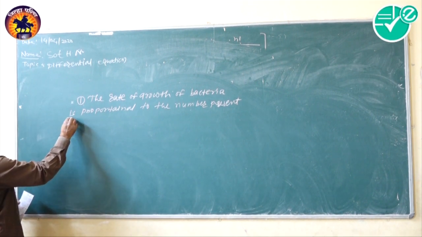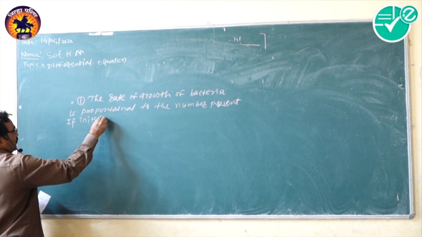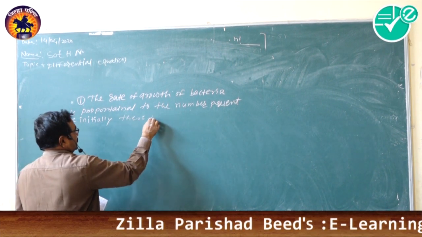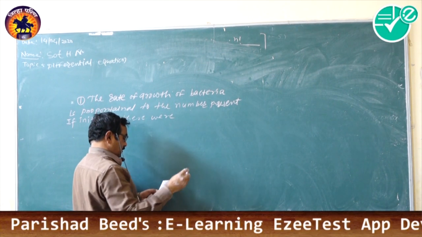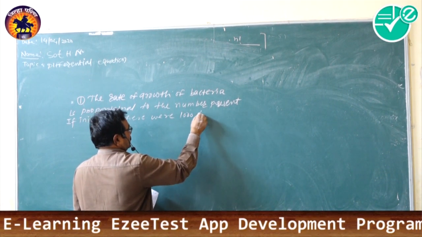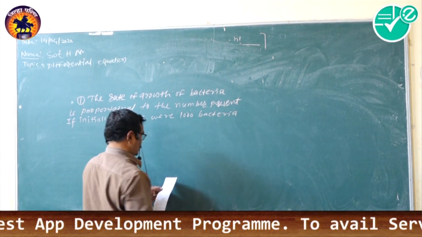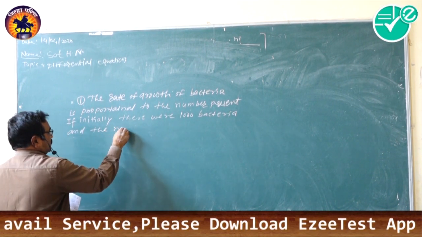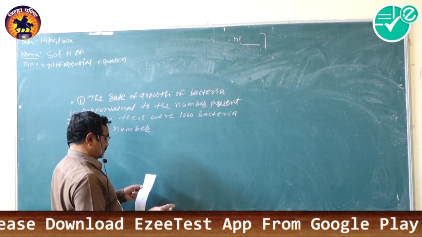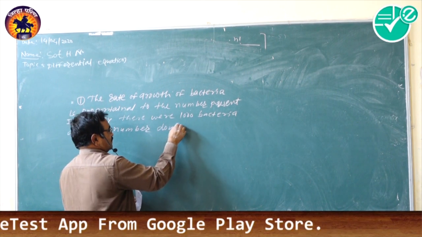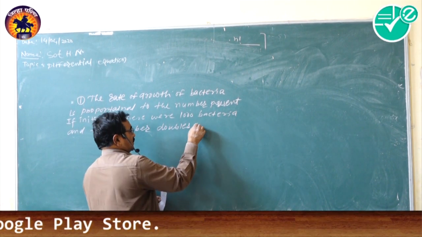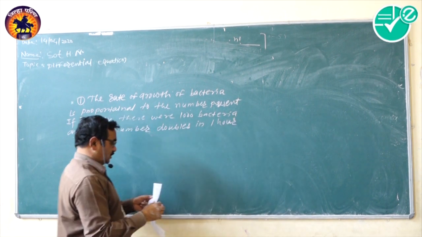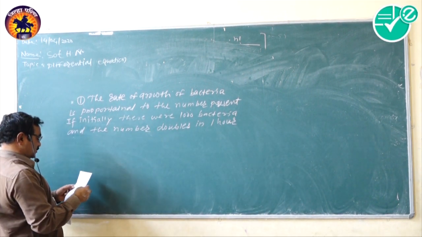If initially there were 1000 bacteria and the number doubles in 1 hour, find the number of bacteria after 2.5 hours.